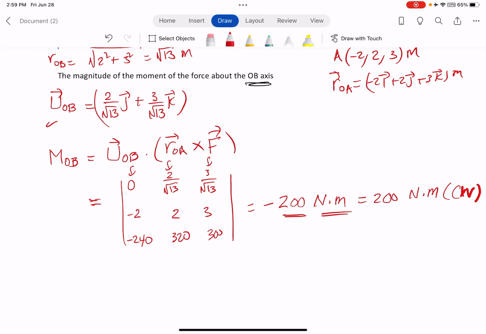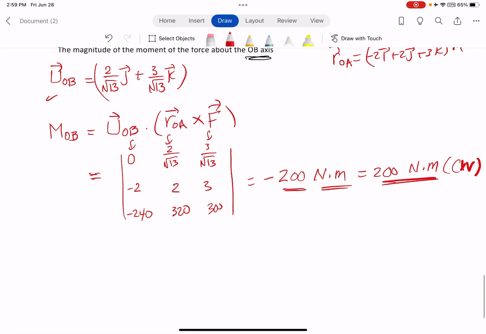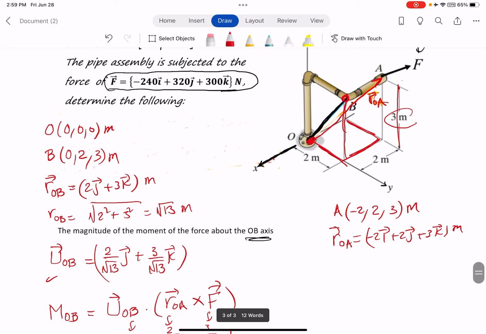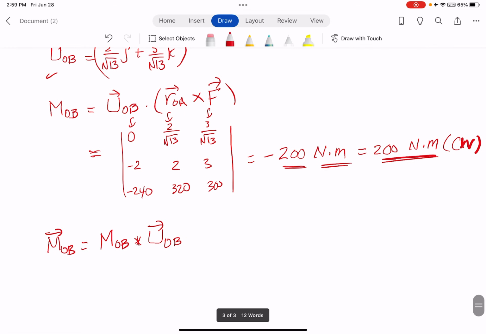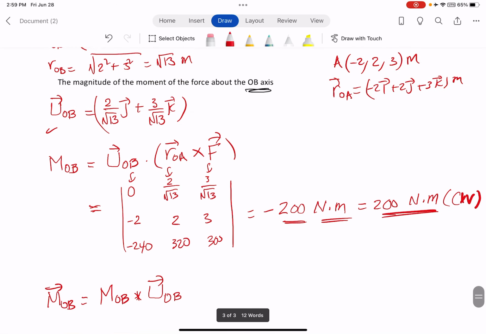Now, let's assume that he does not want the magnitude, but he wants this moment in Cartesian format, in IJK. No problem. If you want to find this moment around the axis OP in Cartesian format, you multiply the 200, which is the moment in magnitude format, by the unit vector OP, and that is the same unit vector that the moment is around.